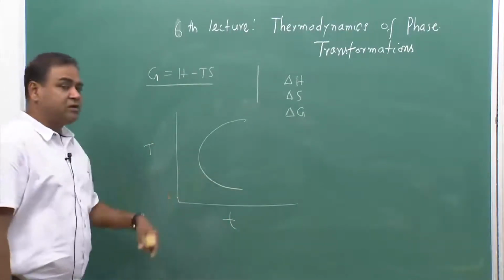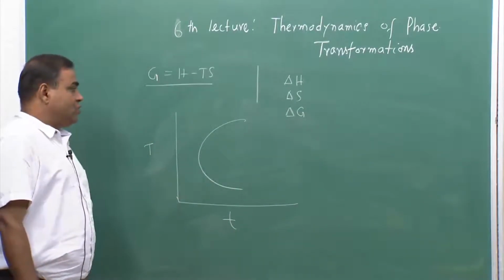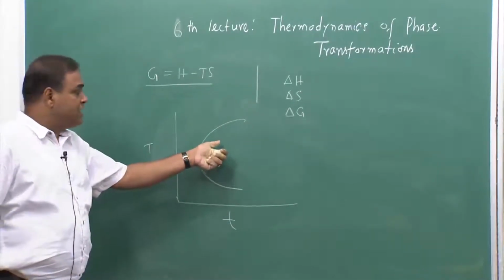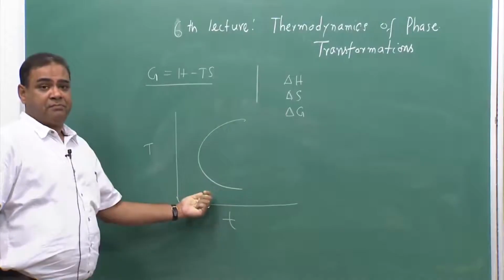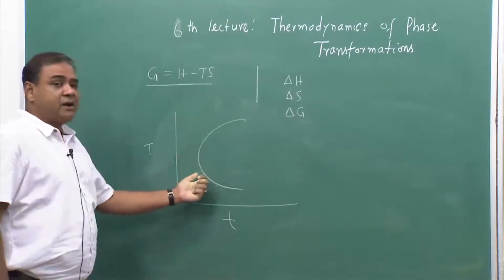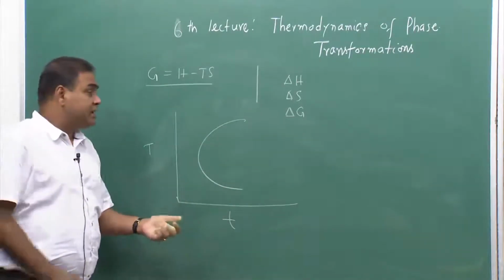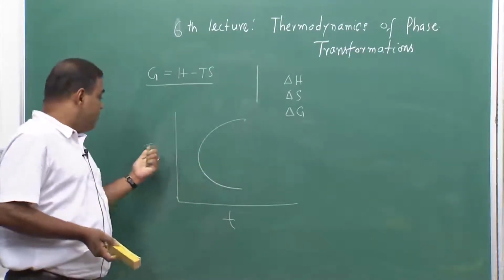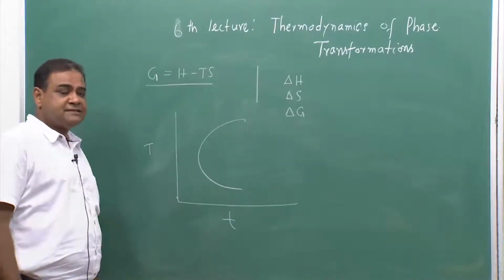Whenever we come across this TTT diagram, you will see that he will show all the calculations of how to find the TTT diagram. We can find the TTT diagram experimentally, doing raw experiments and finding these points over a temperature and time axis.